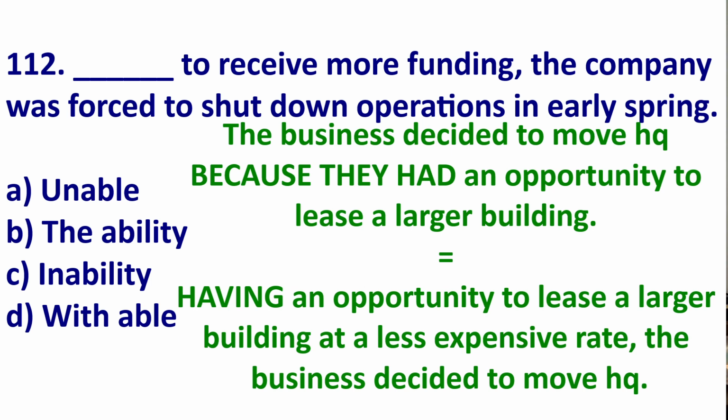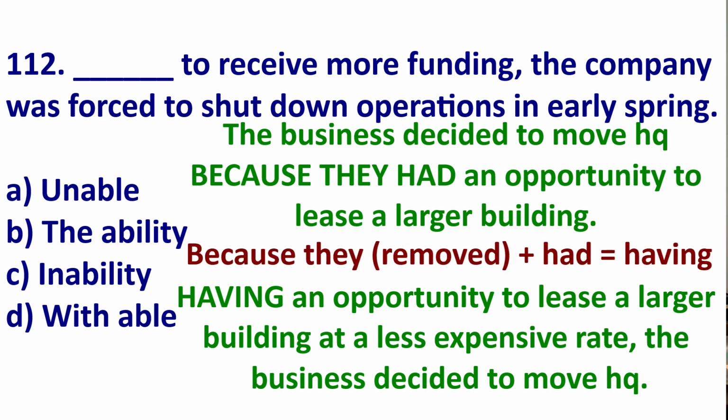Now a business can be they or it. But the business equals they. The subject is the same. Then we have the verb had. Well, we can take out because they and turn had to having. So, having an opportunity to lease a larger building at a less expensive rate, the business decided to move headquarters. This is telling us why they decided to move.